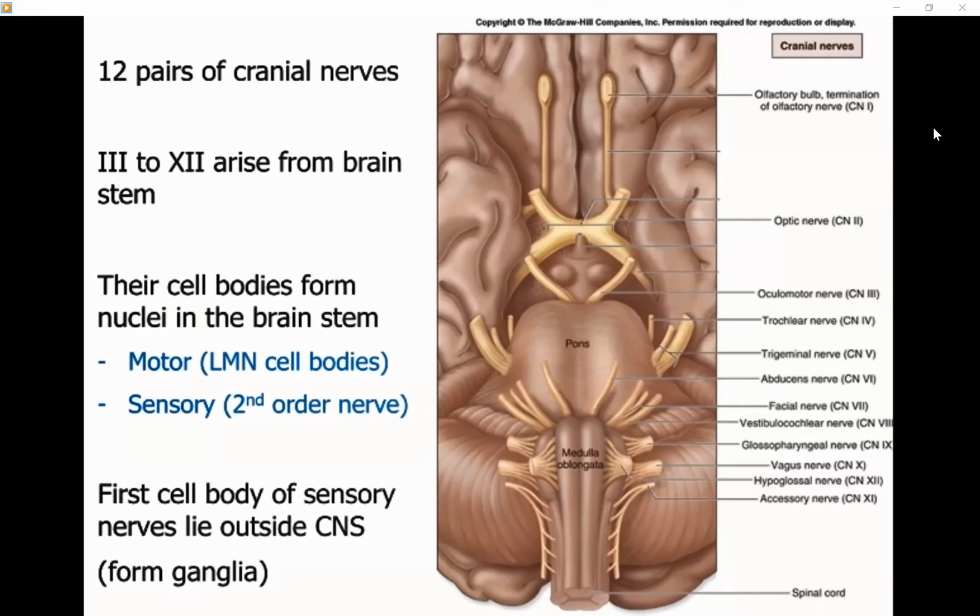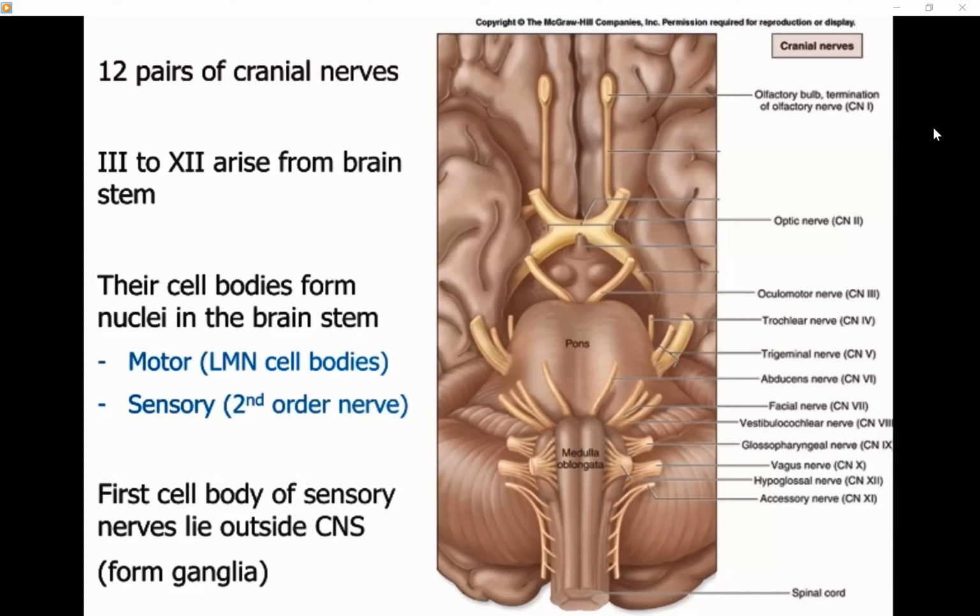The nuclei of the motor cranial nerves are actually the cell bodies of the lower motor neurons of the descending pathway. And the nuclei of the sensory cranial nerves are actually the cell bodies of the second order neurons of the ascending pathway. When you studied the spinal nerves and the spinal cord, you learned that the first order neuron cell bodies of the sensory nerves lie in the dorsal root ganglion outside the spinal cord.